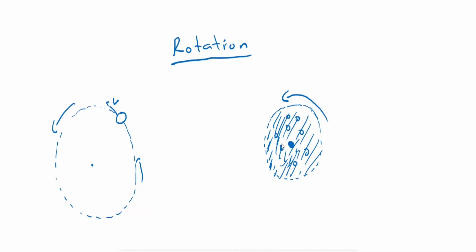If you break it down and track one mass, remember every rigid body is made up of mass, so it's just a sum total of mass. If I track this mass as it's rotating, it is moving in a circular path. Another mass here is moving in a circular path, and another mass here as well.